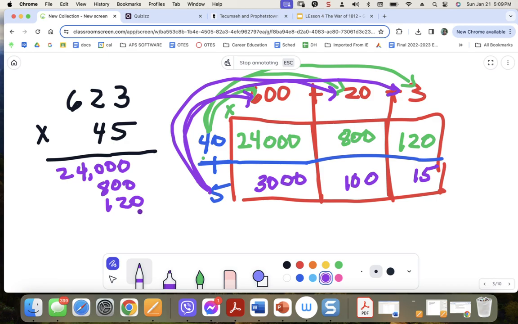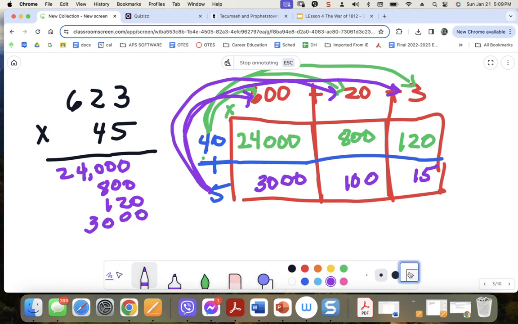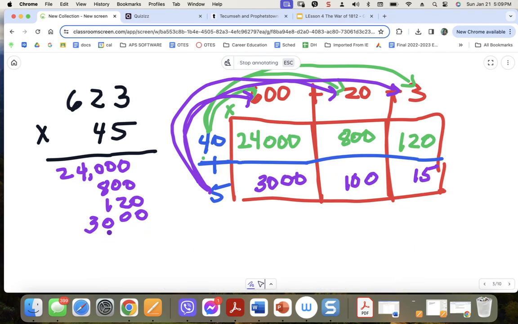I like to write 0 0 0 and then 3, so my thousands are lining up, okay? And then we have 100 and then 15. You can write 5 here and then 1, and then you add all of them, and that will be our final product.